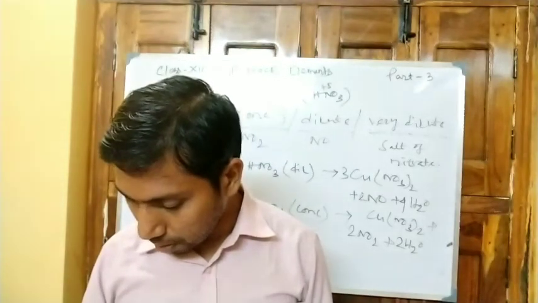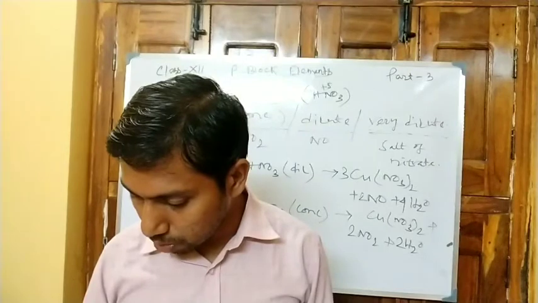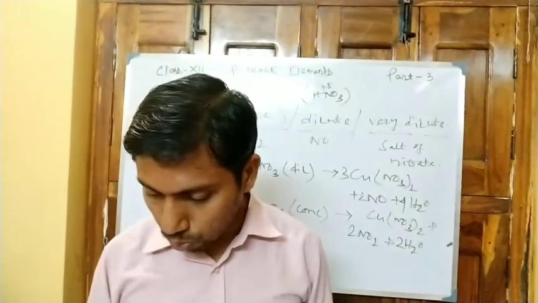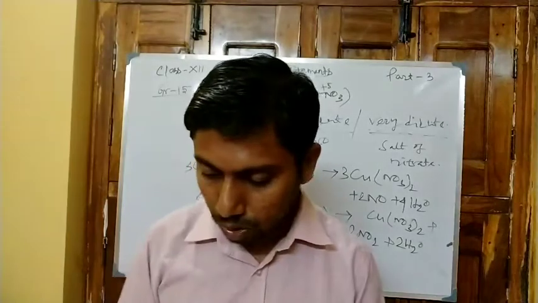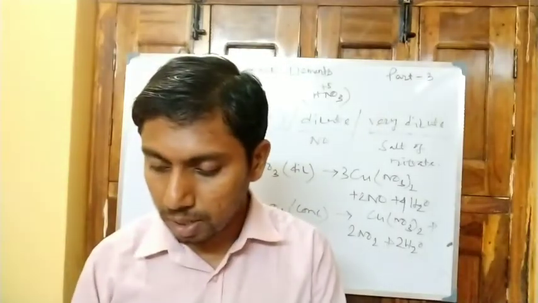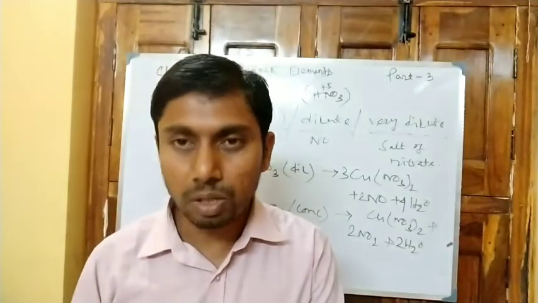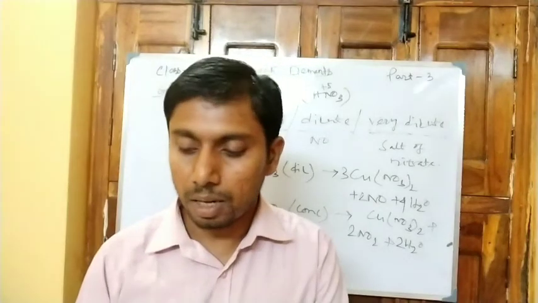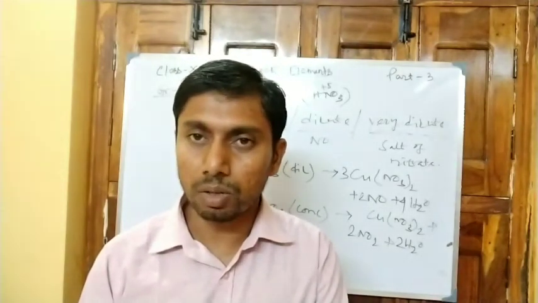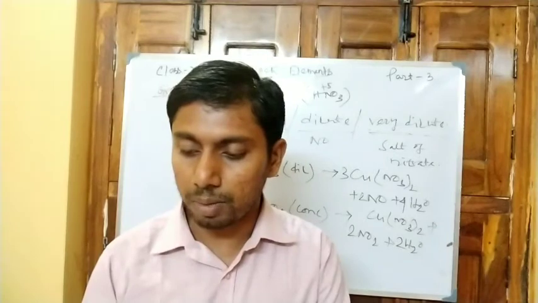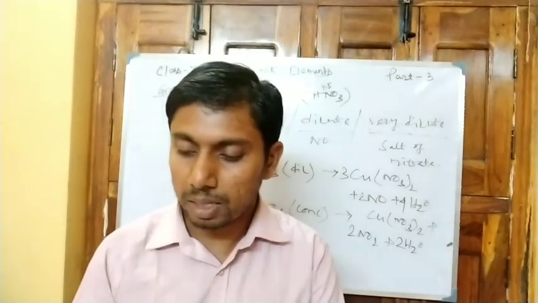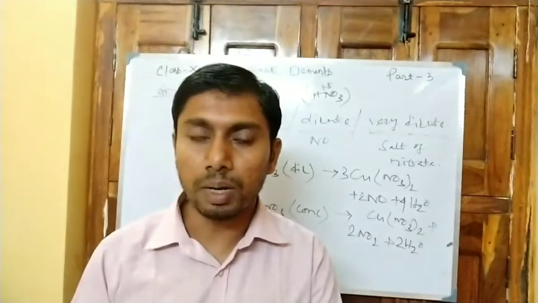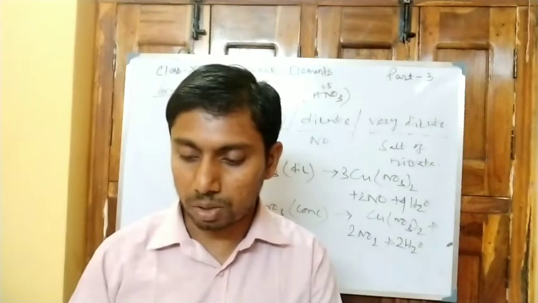When sulfur reacts with HNO3, it produces SO2. When SO2 reacts with water, it produces sulfurous acid. When iodine reacts with HNO3, it produces iodic acid. When carbon reacts with HNO3, it produces carbon dioxide, and phosphorus produces phosphoric acid. These are the reactions when non-metals react with concentrated HNO3.